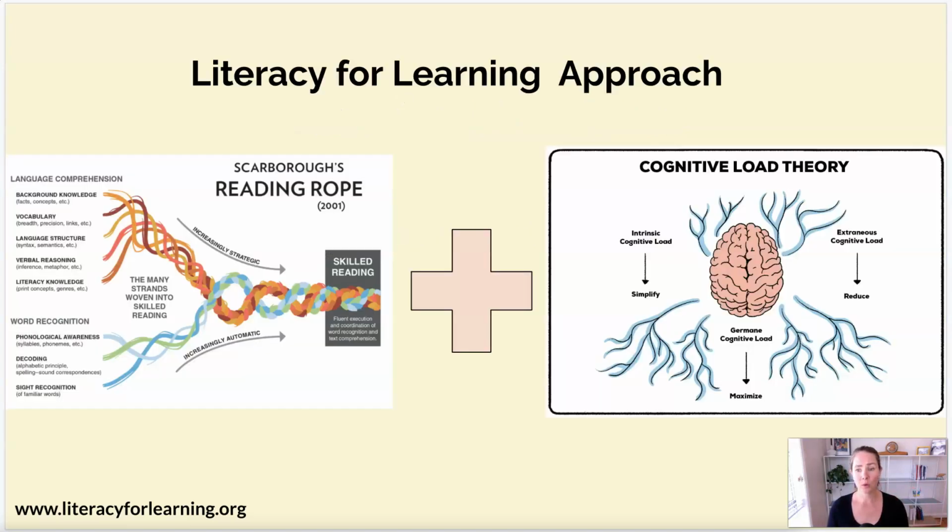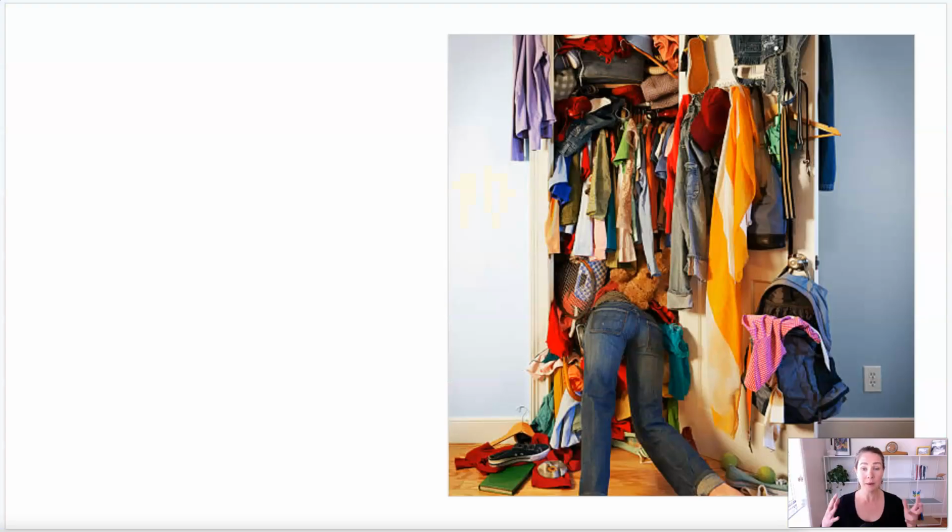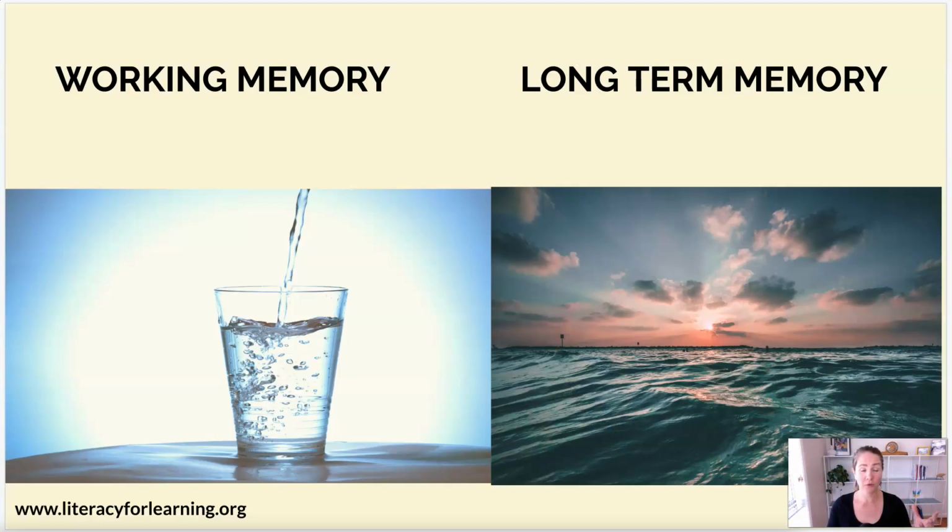So now we're going to move on to some misconceptions and planning mistakes and principles around cognitive load theory. So if we remember, cognitive load theory talks about how memory works, the importance of less leading to academic success. We talked about that analogy of if we have too much stuff, it just doesn't fit, and that's kind of the analogy for our working memory.